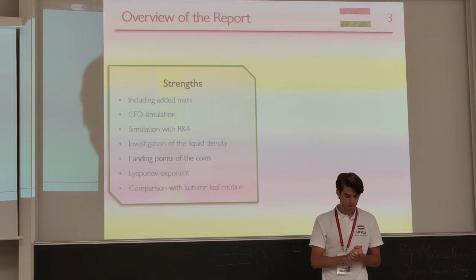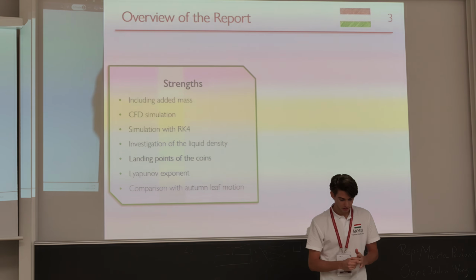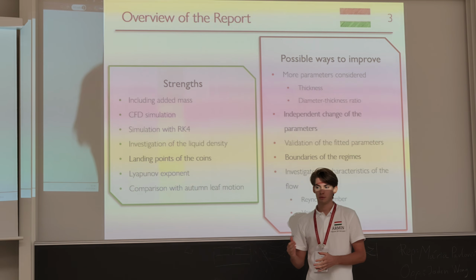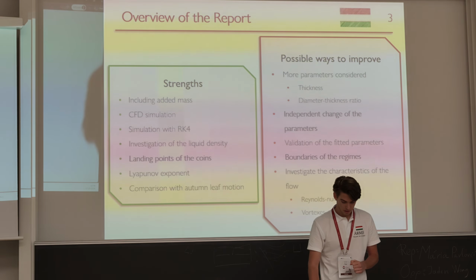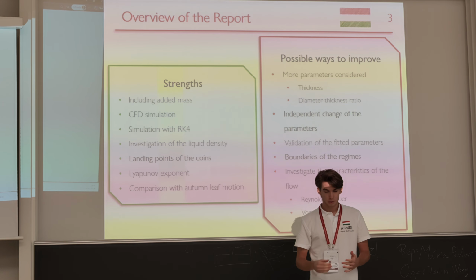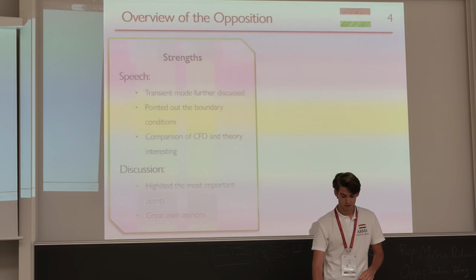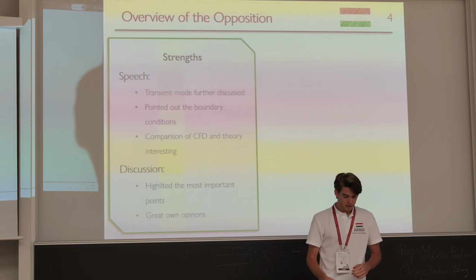For the strength, she included the added mass and created a very good simulation, and also measured the landing points of the coins. But I think many more parameters could have been considered, like the material of the coin and the thickness, for example. And the parameters weren't independently changed, and also the boundaries of the regimes weren't very clear, or could have been investigated more.